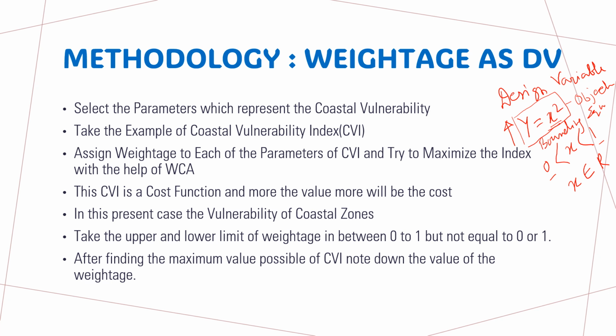Now, in our case, our objective function will be coastal vulnerability index, and this coastal vulnerability index has its own parameters. I'm not going into the parameters, but I will just say that this coastal vulnerability index can be defined as the product of x_m to the power m divided by the product of y_n to the power n.